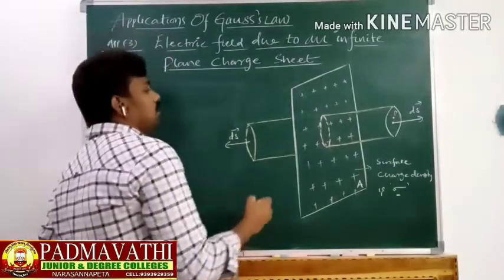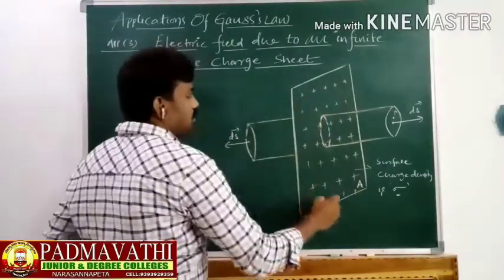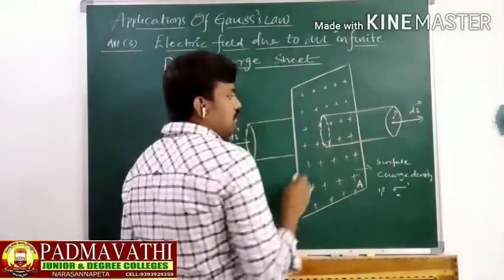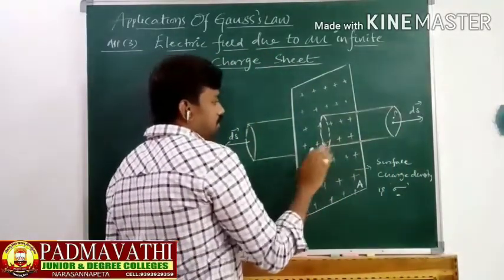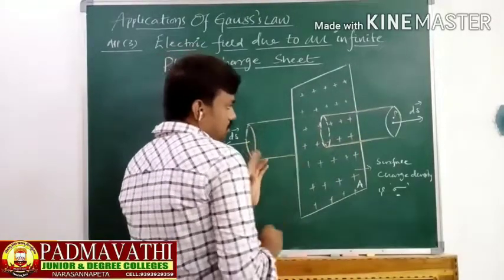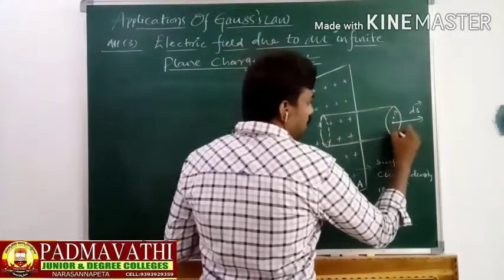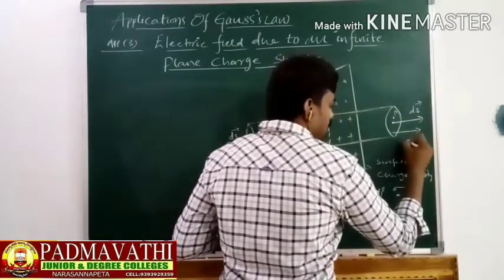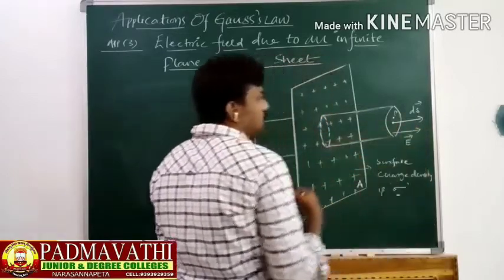And now coming to the electric field direction, because of this charge, the charge gives flux which will be perpendicular to the sheet and it will come out. So the flux will come out like this, and the direction of electric field will be in the direction of electric flux.